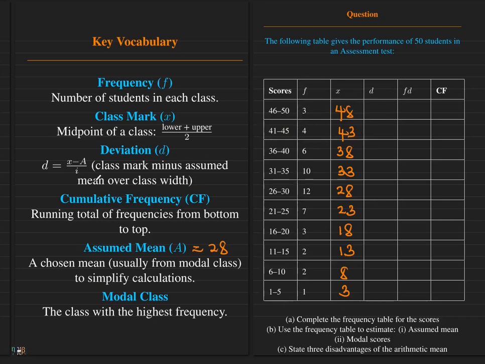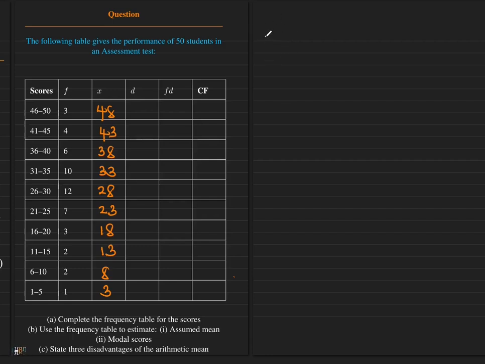So for the first one, it says x minus a. So 48 minus 28 gives us 20. Then we divide the 20 by the class width. So if you are to work it out here, d, which is deviation, is simply x minus a all over i.